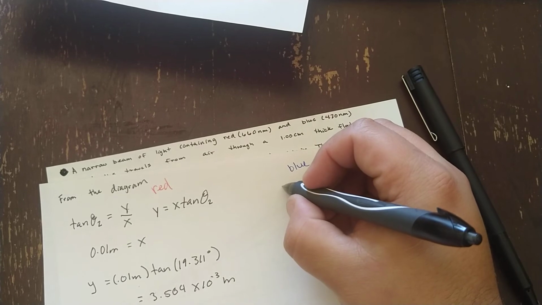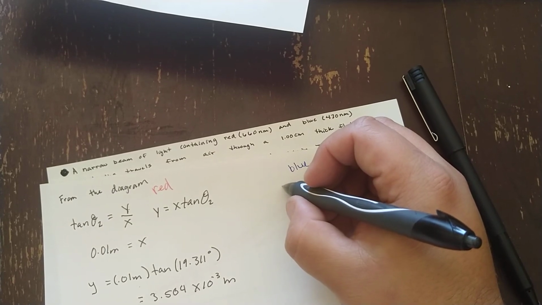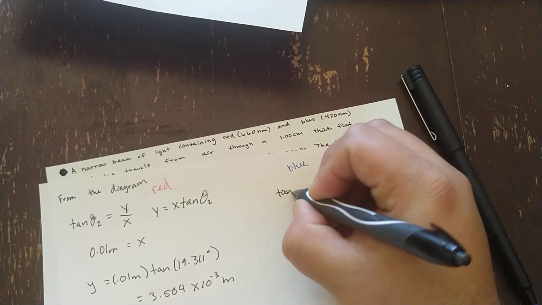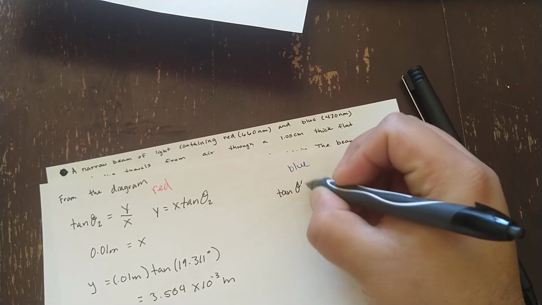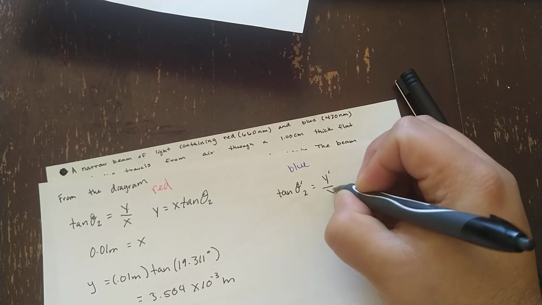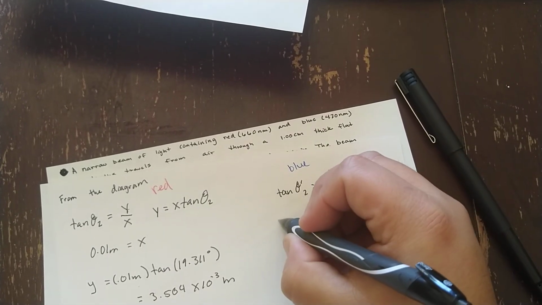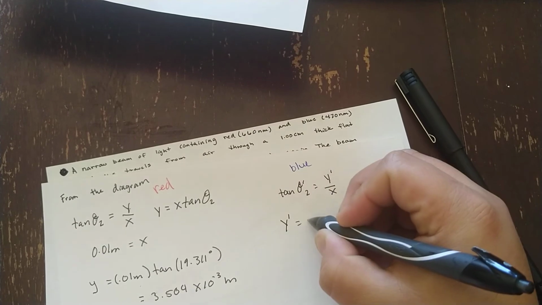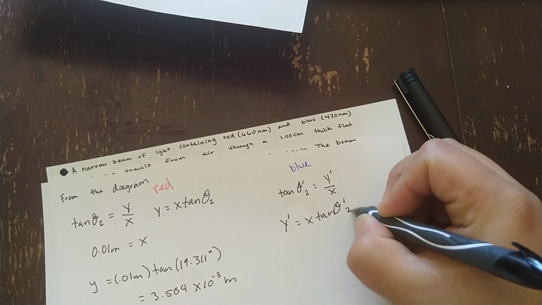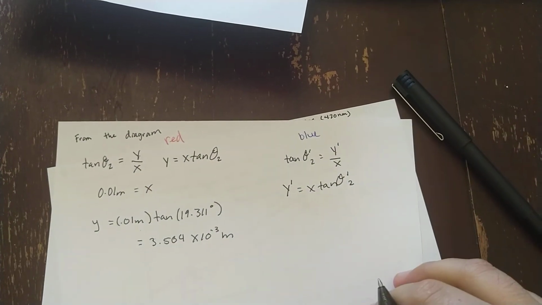We're going to use the same equation, but we're going to call this one tangent theta prime of 2 equals y prime over x. Like how we rearranged the last one, to be able to solve for it.